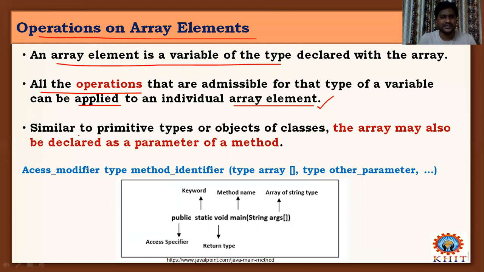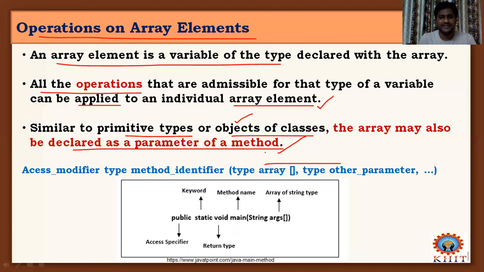And it is also saying that, similar to primitive types or objects of classes, an array may also be declared as a parameter of a method. Till now, we've seen that basic or primitive data types can be sent and used as parameters for methods, either a member function or a method in a program. We have already seen that objects of classes are also used as parameters of a method.